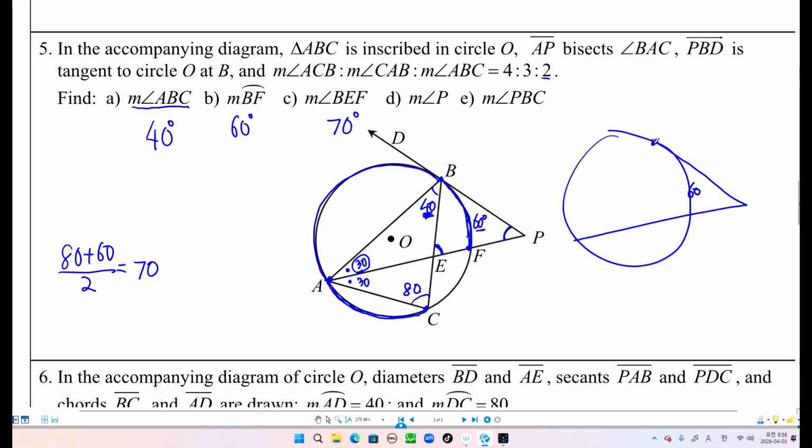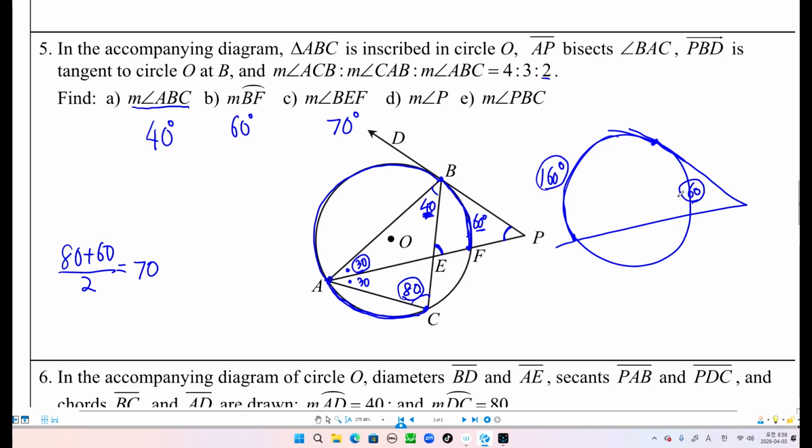We need to find from here to here, right? Here to here, all the way down over here. How to find this one? Take a look at the central angle, but the central angle is not shown there. So we have to use the inscribed angle, 80, isn't it? So this measure of arc is twice 80, inscribed. That is 160.